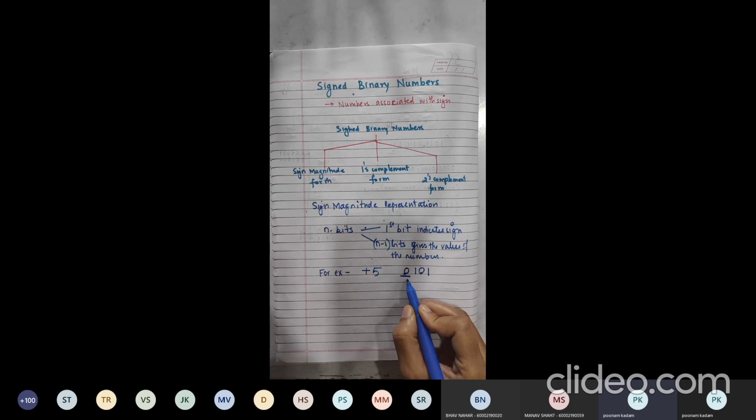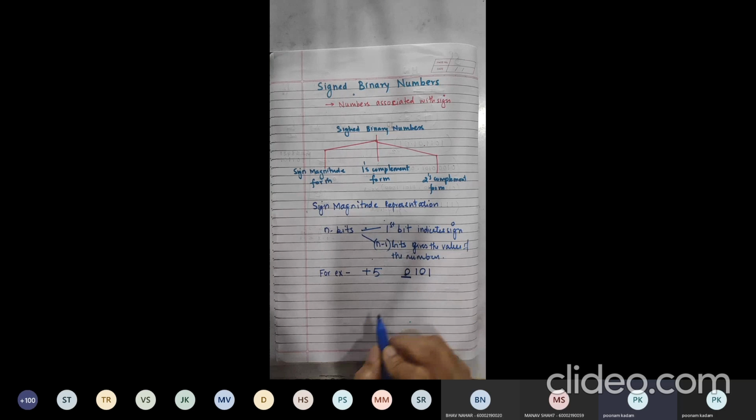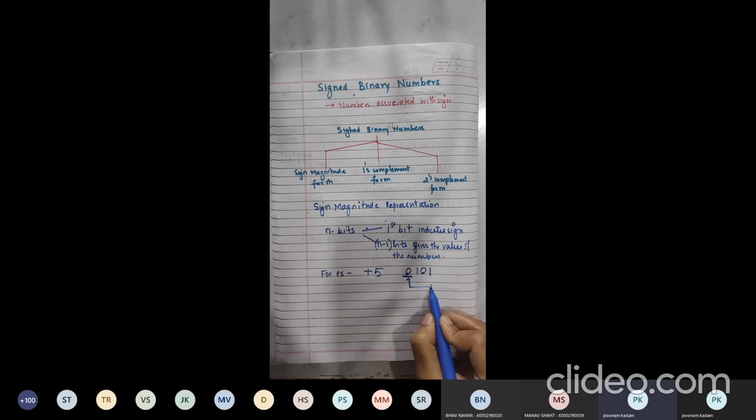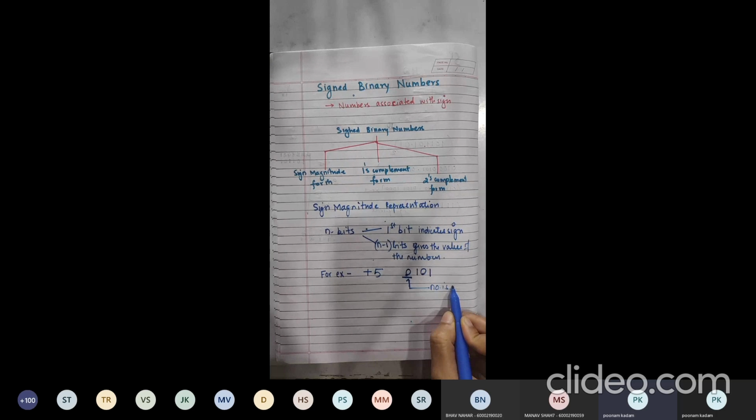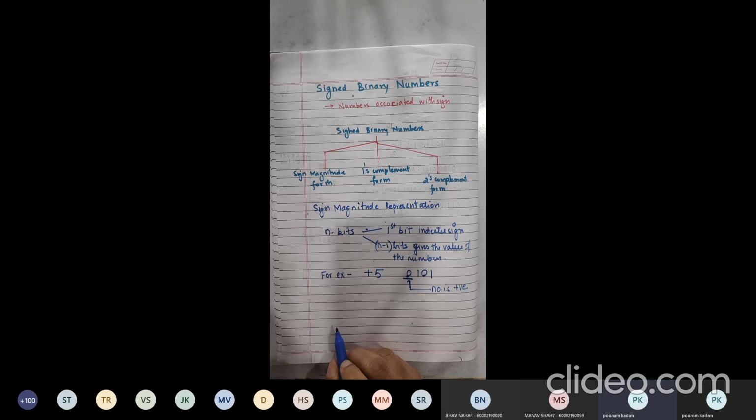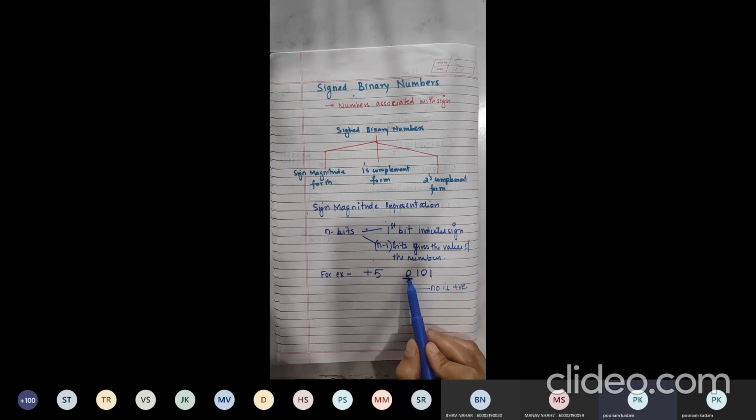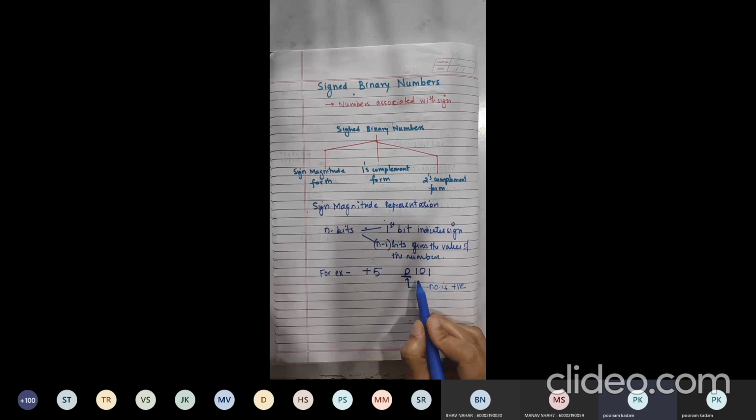It means the number is positive. When the MSB bit is 0, the number is positive, and as I said, when the first bit is 1, the number is negative. So the MSB bit indicates the sign of the number. It is 0 here, so it is a positive number. And the remaining bits tell the value of the number.